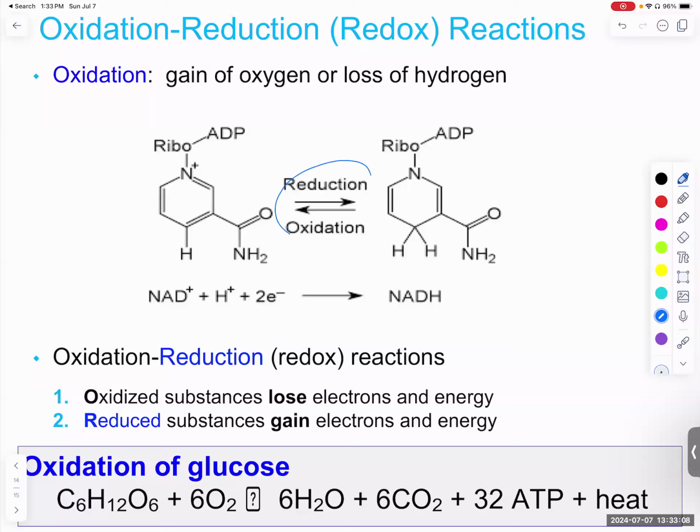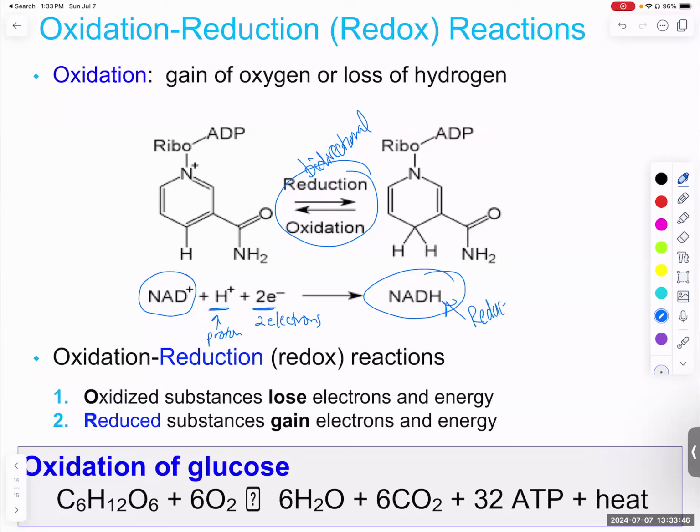And so examples of this. This is showing you an oxidation reduction, right? It's bidirectional. A lot of molecules can be oxidized and then reduced, and then they go back and get reoxidized and then re-reduced, vice versa. So in this case, it's showing you NAD, and it is gaining a proton and 2 electrons and becoming NADH.